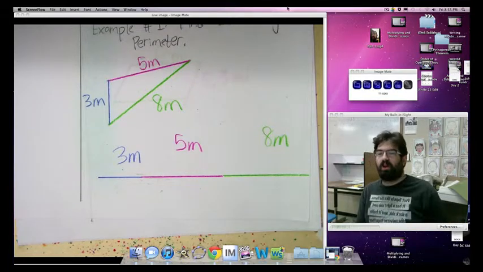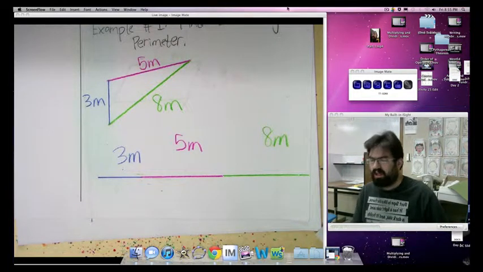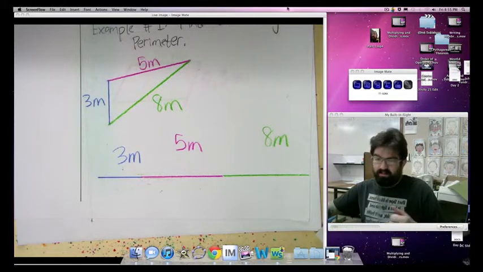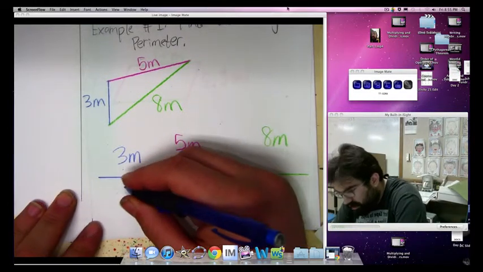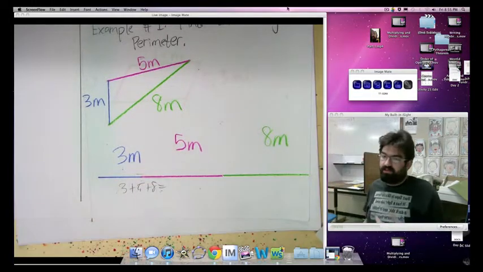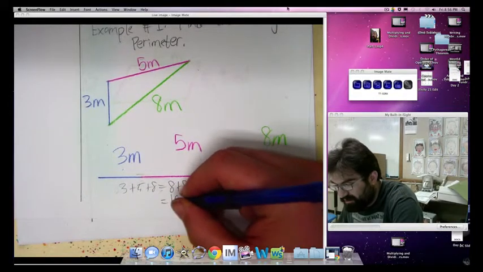Yes, the 8 meters should be longer than the 5 meters. I just ran out of paper. Please do it correctly. That's the idea: I just cut it and then I have this piece of rope laying out. Well, that's just basically 3 plus 5 plus 8. 3 plus 5 is 8, plus 8, which is equal to 16.